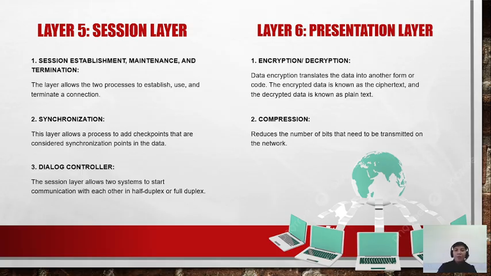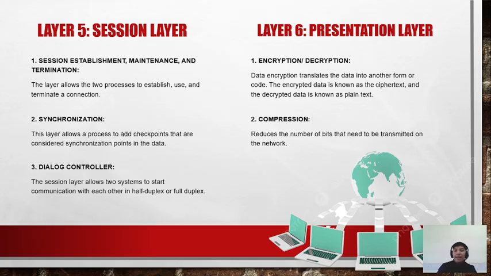Another important function of the presentation layer is compression, which reduces the size of the data before it is transmitted. By minimizing the number of bits needed, compression helps speed up data transfer and saves bandwidth.